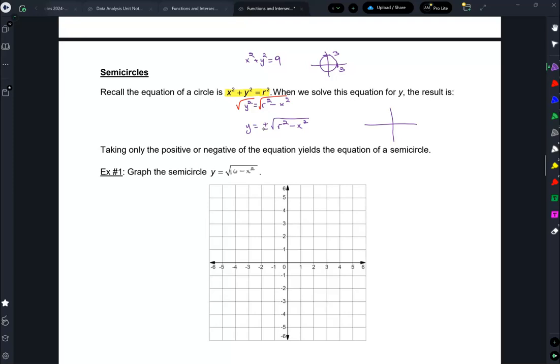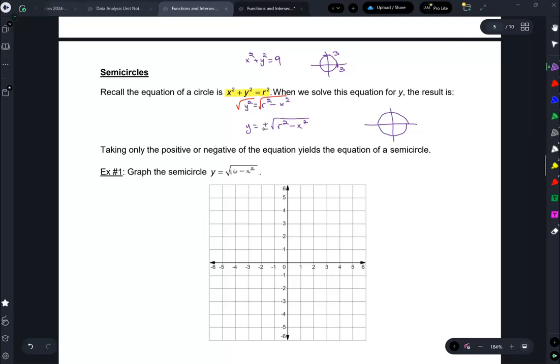The positive one graphs a square root on top. The negative one is the reflection on the bottom. So the positive one gives you a semicircle above the x-axis, and the other gives you one below. Each of these is an equation of a semicircle. Together, the plus or minus is the equation of a circle. And that's how you graph a circle.